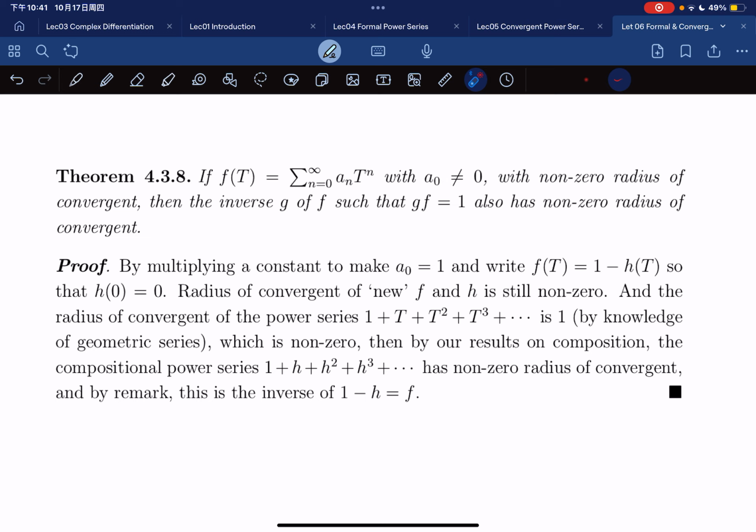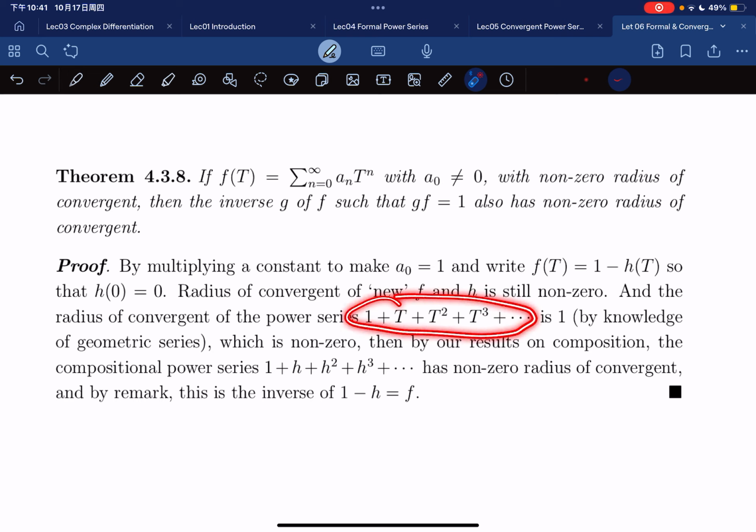Which means that also the radius of convergence of this is 1, right? By our knowledge of geometric series, yes, right? Which is non-zero. Which means that by the results of composition, right?